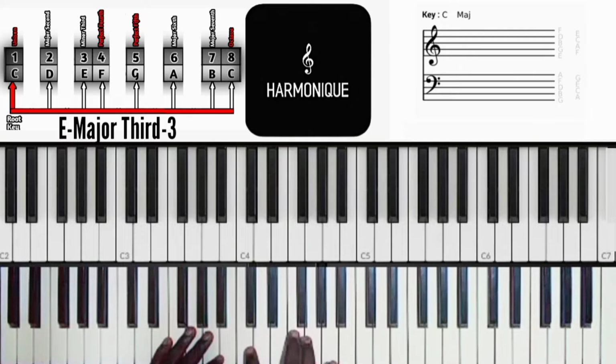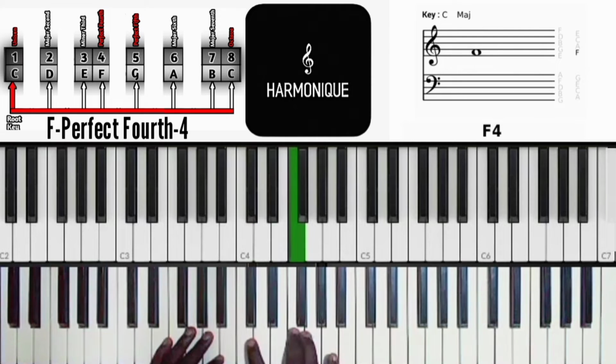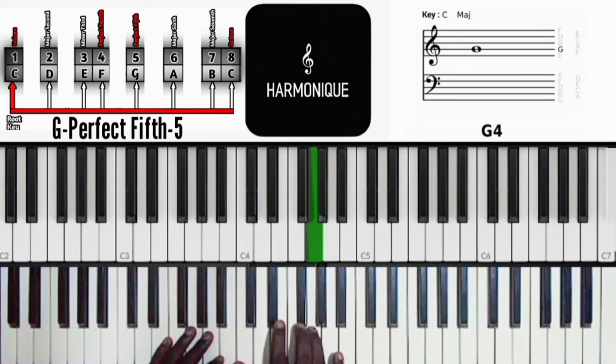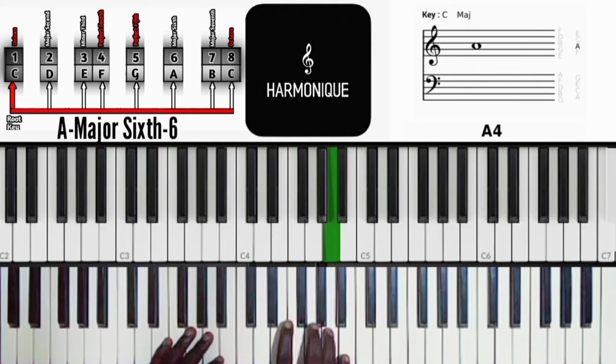as 3. F is at an interval or distance of a perfect fourth to C, which is numerically represented as 4. G is at an interval or distance of a perfect fifth to C, which is numerically represented as 5. A is at an interval or distance of a major sixth to C, which is numerically represented as 6.